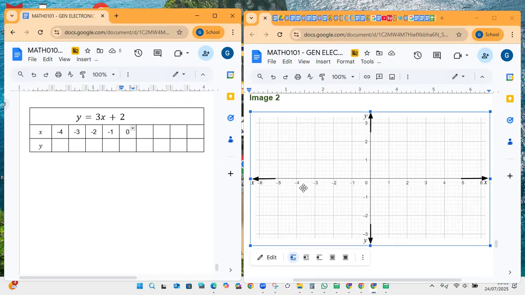So as you can see, -4, -3, -2, -1, 0, 1, 2, 3, 4. And this is always the case. The solution or the x values or the domain always increases from left to right consecutively by a certain interval. In this case, the interval is 1.